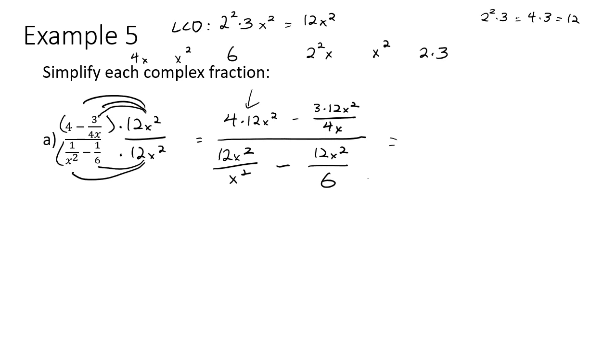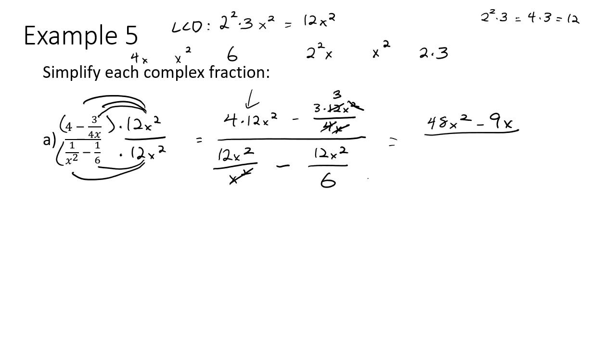So in the top left, we've just got 48x squared from the 4 times 12. In the top right, the 4 will divide into the 12. The x will divide into the x squared, and we're just left with 3 times x, or 9x.